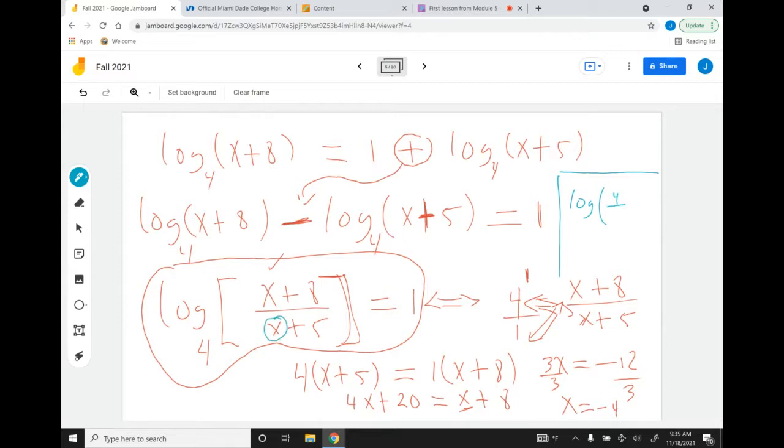I'm replacing it here now. Negative 4 plus 5 is 1. Don't forget that the base is 4. And the question is, does this equal 1? So what do you have? You have log of 4 base 4, which equals 1. So this is the answer after I checked it.